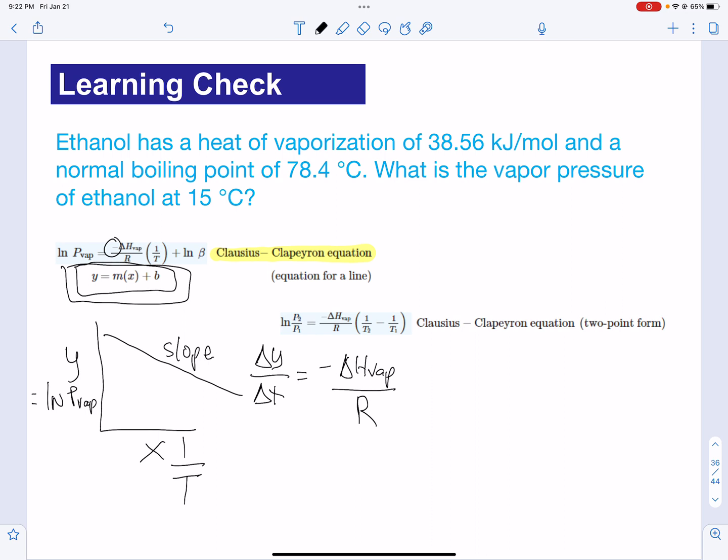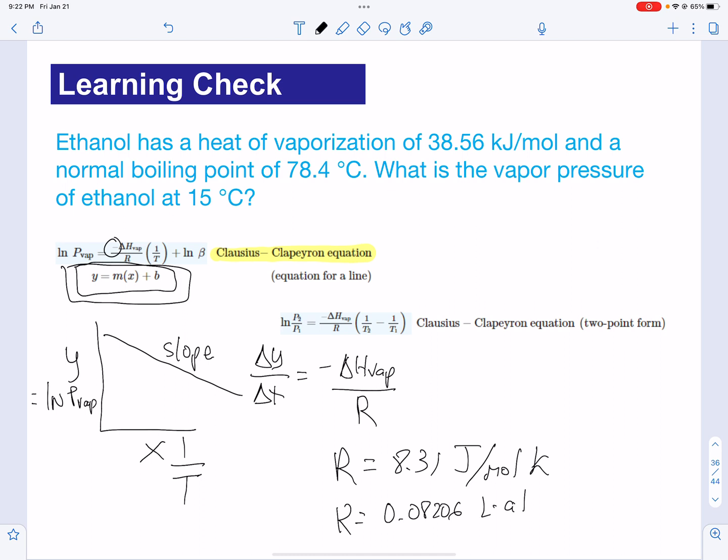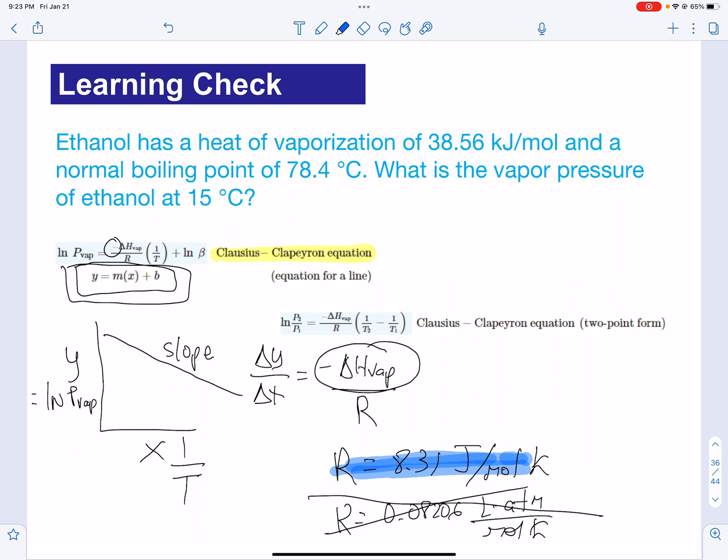And the R constant you learn in chemistry 1 or chemistry 1411 is 8.31 joules per mole Kelvin, or 0.08206 liters atmospheres per mole Kelvin. However, given that we're dealing with energy, this is the one that we need to use, the one that contains energy.